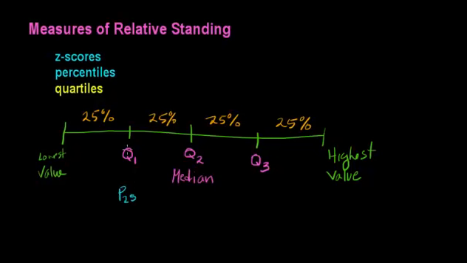It would just be at that 25% mark in our percentiles. And this one would have been P50, the value that has 50% lower, and then P75. So as I mentioned, quartiles are just percentiles. But these quartiles are really important. We use them a lot, and you'll see how here in a little bit in another video.